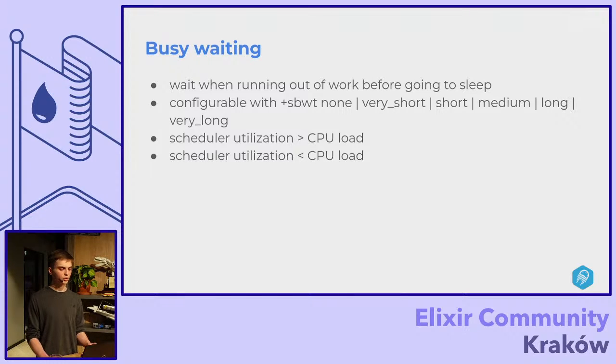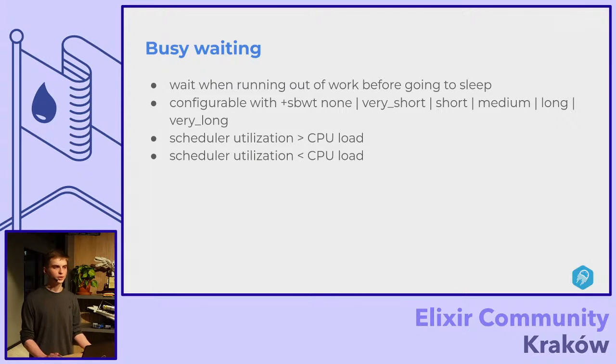There is also something called scheduler utilization. Scheduler utilization is a metric that tells us how much a given scheduler was running some processes. Assuming that we are benchmarking our Erlang virtual machine for 10 seconds and scheduler utilization was about 50%, this means that the scheduler was executing some process code for 5 seconds.